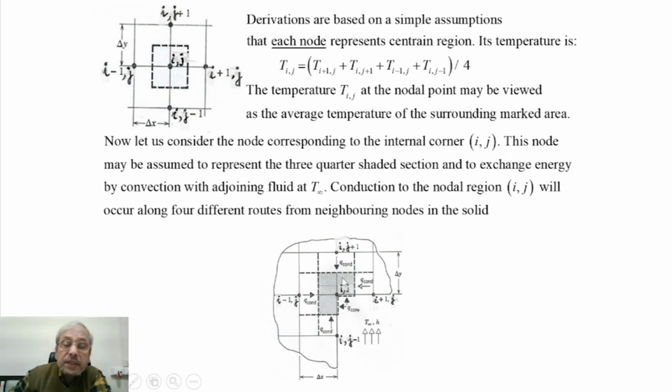That means in this region, conduction will be counted from these nodes, and the fluid at T infinity exchanges heat by convection. That is how we will calculate the temperature of this node.